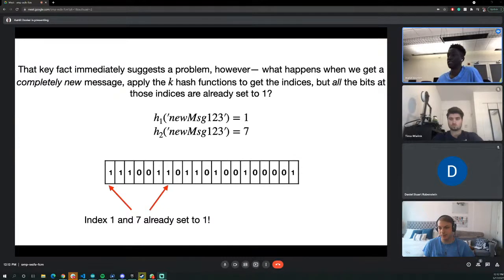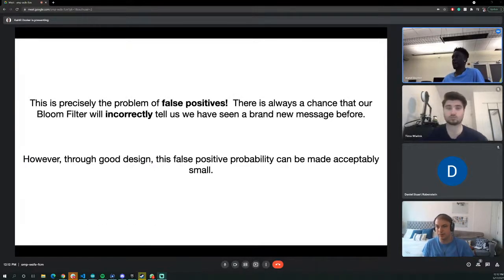Because eventually the Bloom filter gets filled up enough. At some point, this is going to happen. So that's precisely the problem of the false positive. That's the Bloom filter telling us incorrectly that when we see a brand new message, it's a duplicate message.